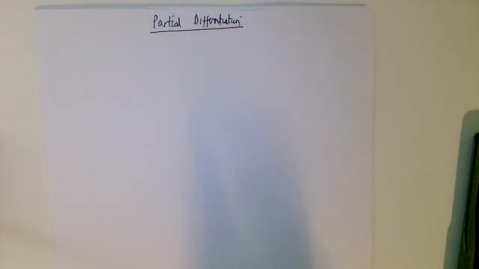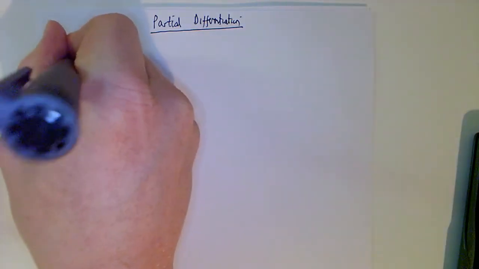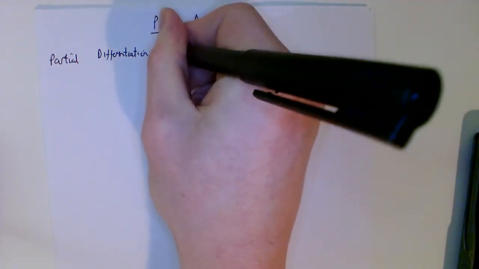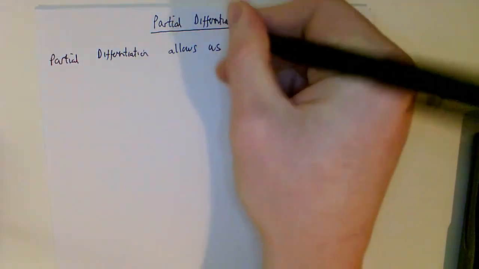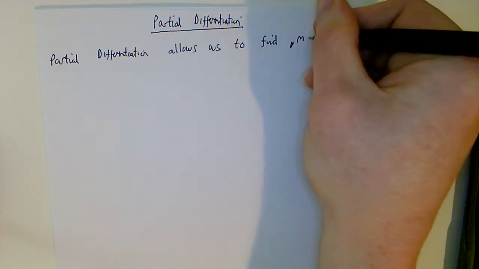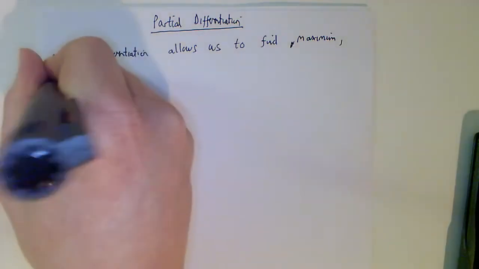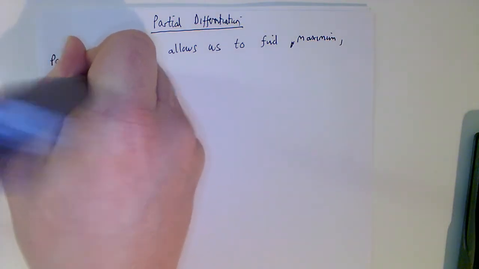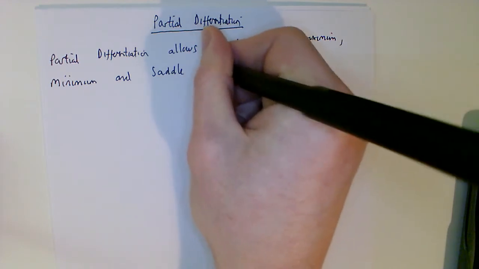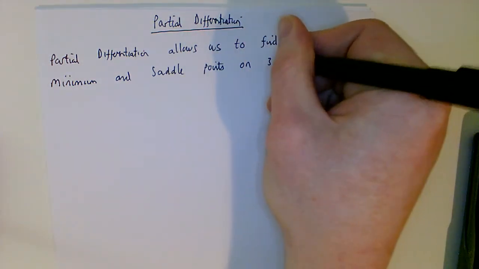So, partial differentiation allows us to find maximum, minimum, and saddle points on three-dimensional surfaces.